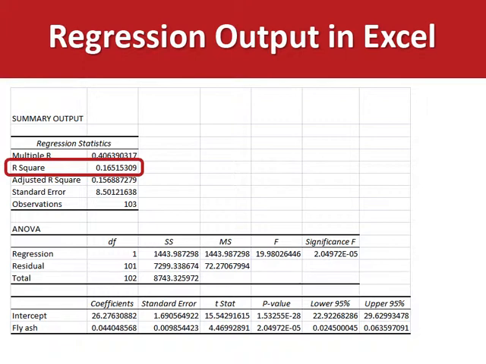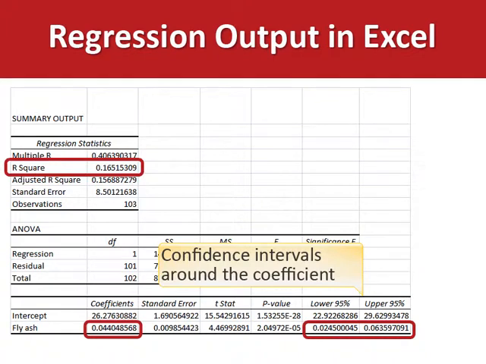If we go down, we see the coefficient. Both the intercept and the coefficient are exactly the same as they were in the previous slide when we had the equation. But what linear regression gives us above and beyond the equation for the line is some confidence intervals around that slope.